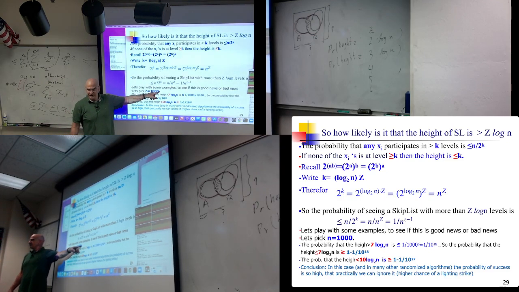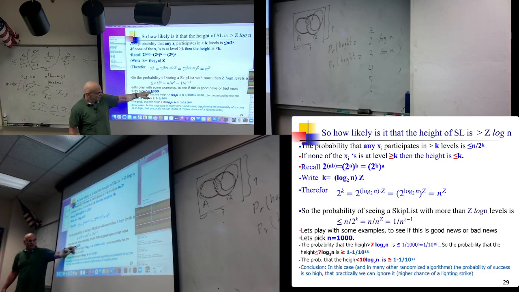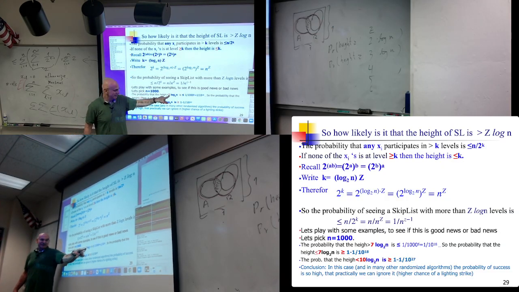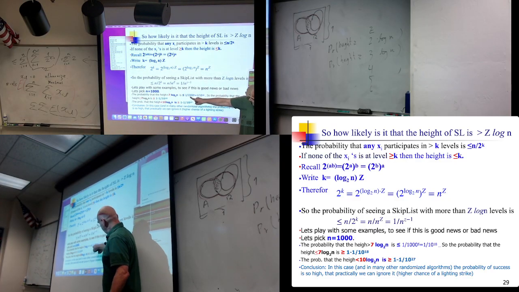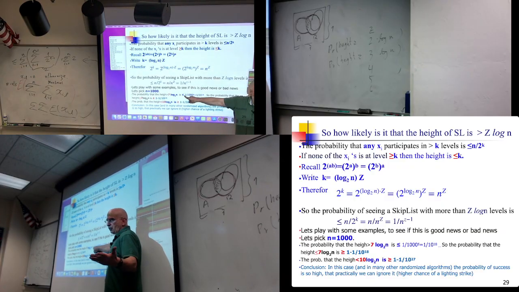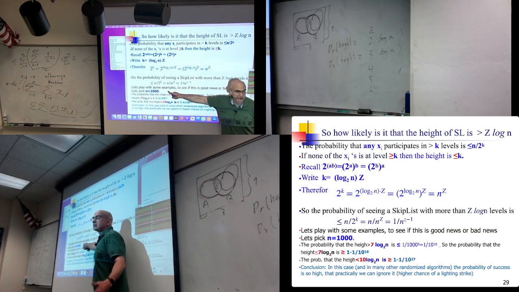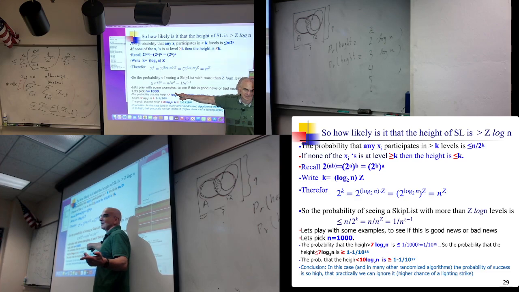N, the number of keys, not too large, 1,000. Notice that everything I'll say will be even stronger the larger n is. Z, let's take z to be 7. I'm asking what the probability is of seeing a skip list with 7 log n many levels. The probability that this happens would be small. Log of 1,000 is what we expect to find. That's the average.